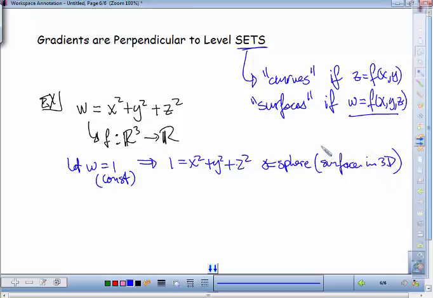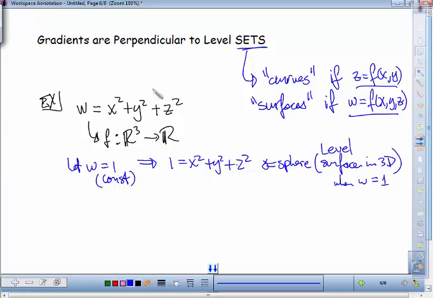More specifically, this is a level surface in 3D when w is equal to 1. So just like you have a surface, if you have z is equal to f of x, y, and then the level curves are curves in 2 dimensions. They go back to the dimension of their domain.